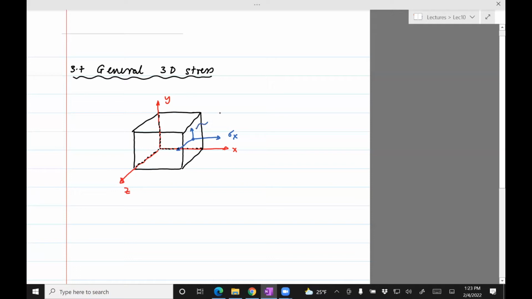For the stress pointing upwards, the convention is the first index gives us the normal to the surface. So the normal to that face is the x-axis, so that's the first index. And then the direction is y. Similarly, for this stress, we have tau, the normal is x, and the direction is z. And then you can just do that for each of the 6 faces.